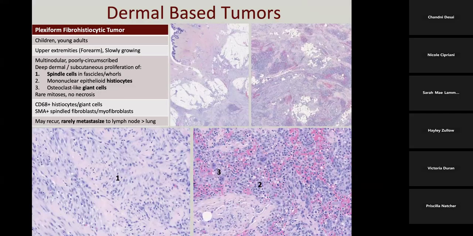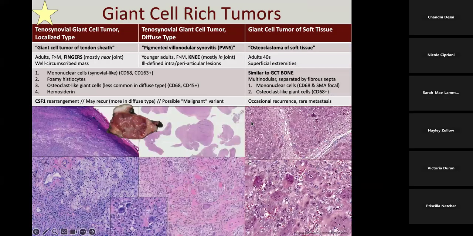Plexiform fibrohistiocytic tumor, triphasic tumor of kids, spindle cells, kind of myogenic looking in fascicles, mononuclear epithelioid cells, and osteoclast-like giant cells in the deep dermis subcutis of kids.